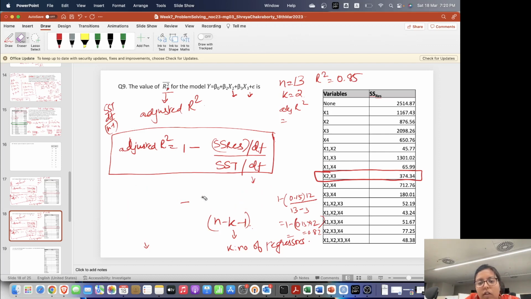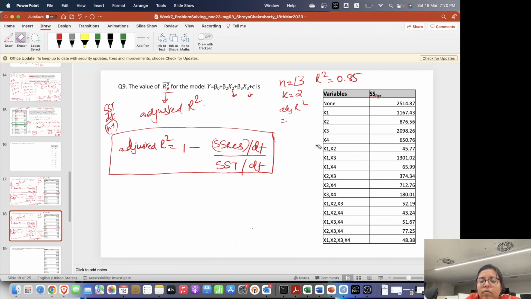So if we use the first formula directly from this table, how can we get it? See, the sum of squares residuals with x2 x3 was this value, 374.34.